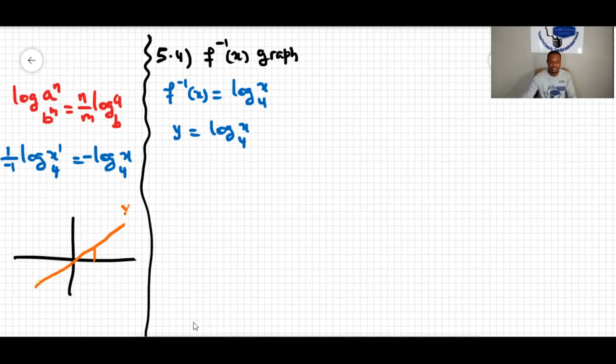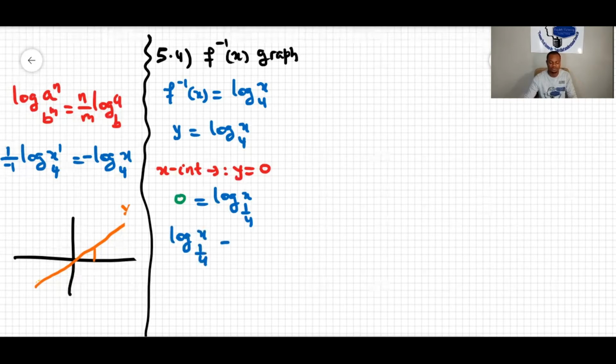Let's first talk about the x-intercept. X-int implies that y equal to 0. So I'm going to substitute y by 0 there. Now it's like saying log of x equal to 0.